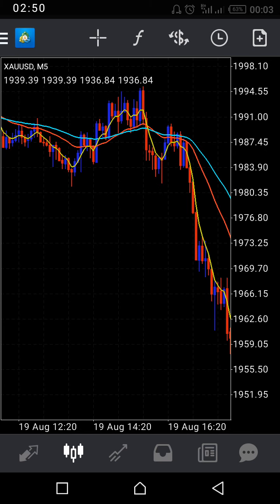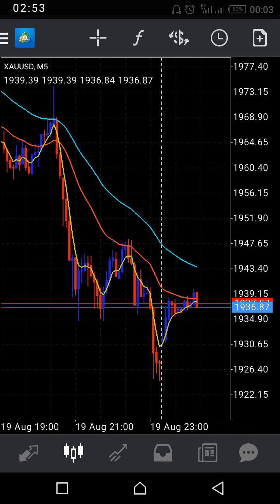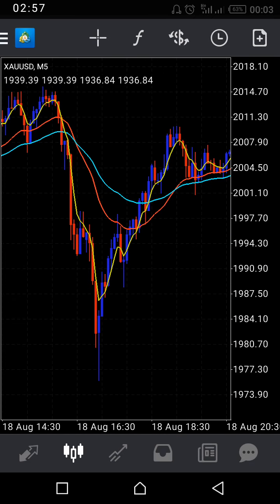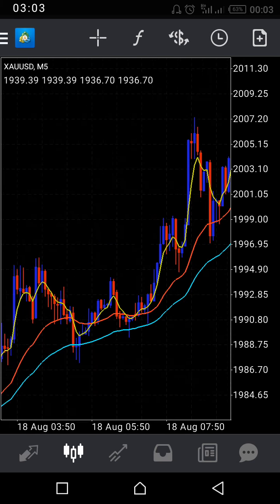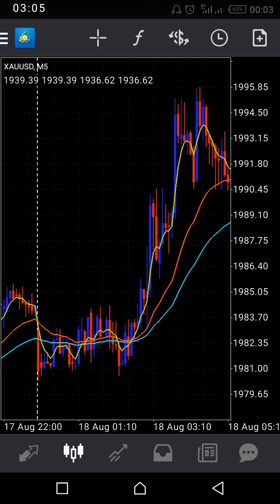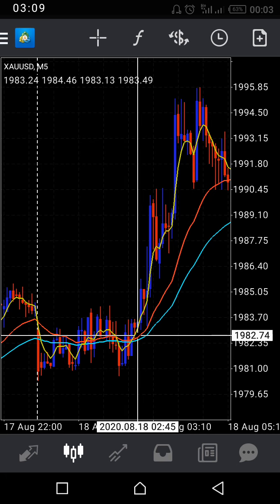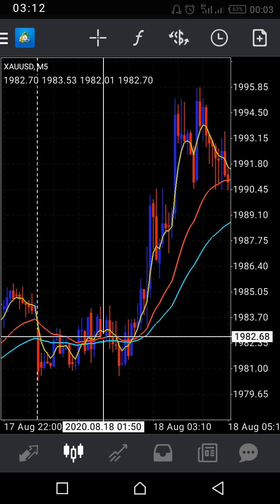But when you have this kind of situation, let's try to scroll back. Here, it's not a perfect condition. Yes, like here, where we have the light blue and the red.